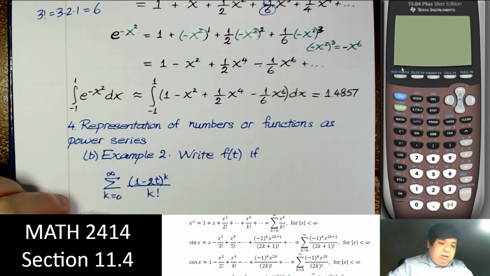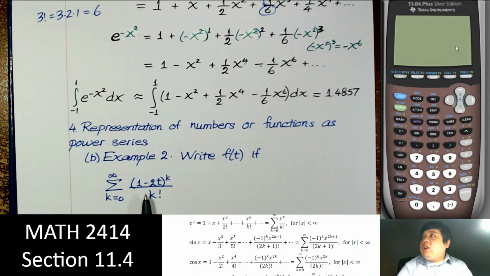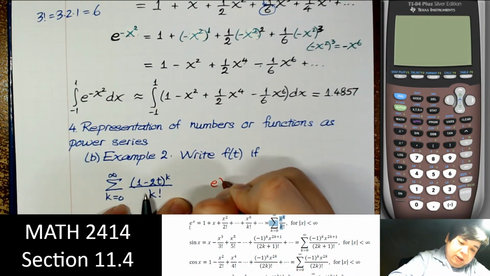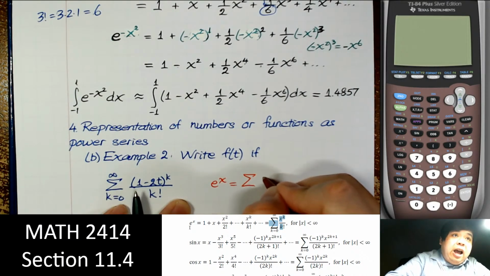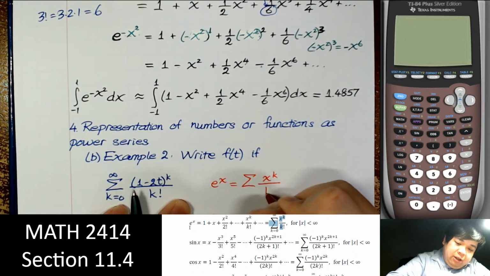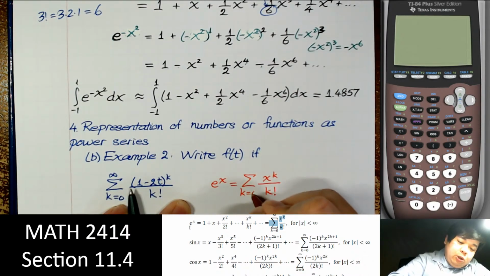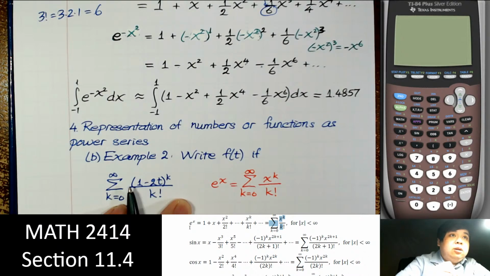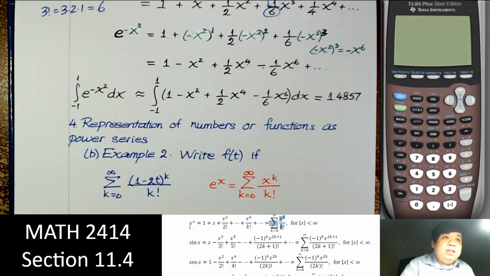So here we have division by factorial and the power is the same. So that looks like e to the x. For e to the x we have x to the k over k factorial, k equal to 0 to infinity.